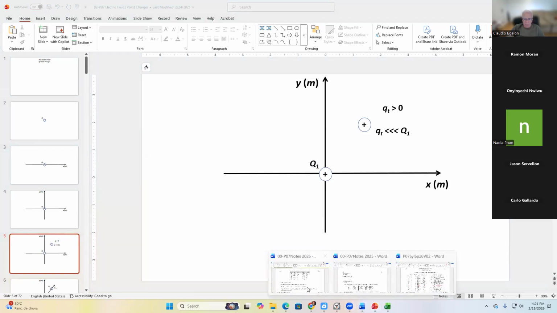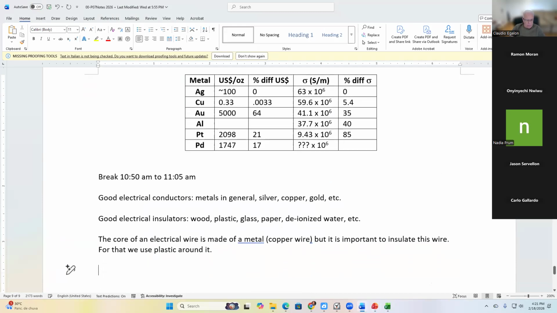So let's go back to our notes here. Electric field. To define the electric field of a main charge Q1, we need to consider a test charge, q_t.